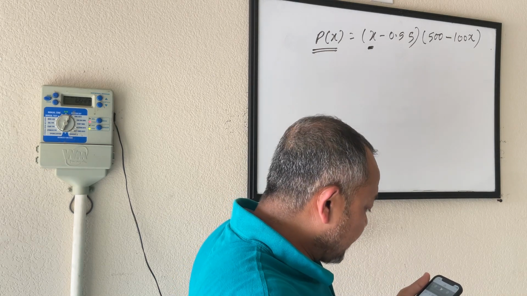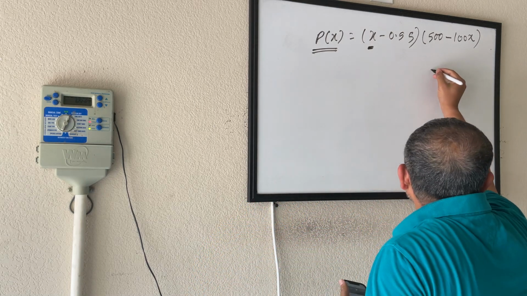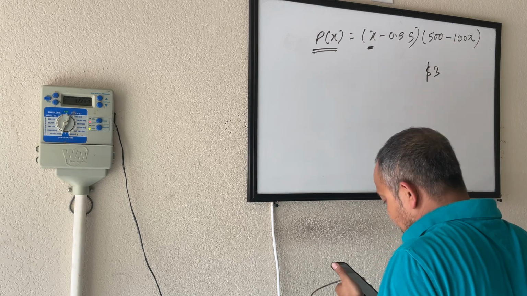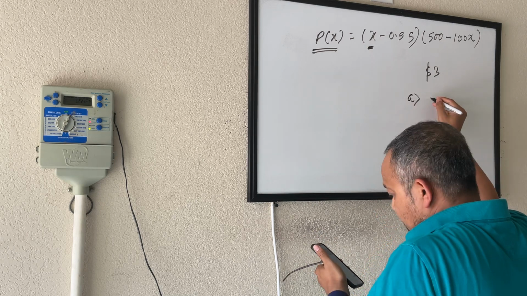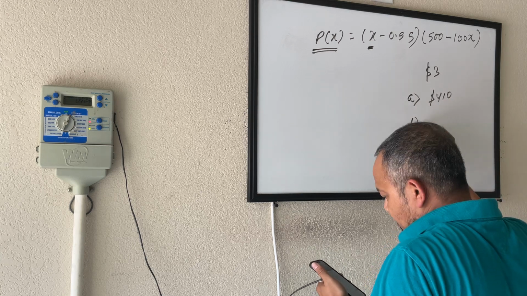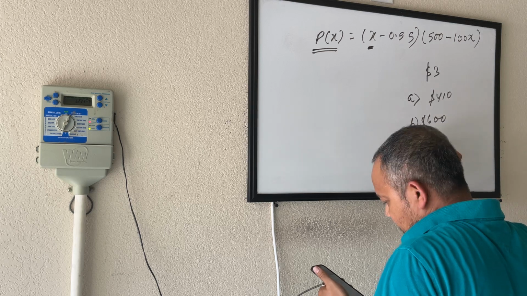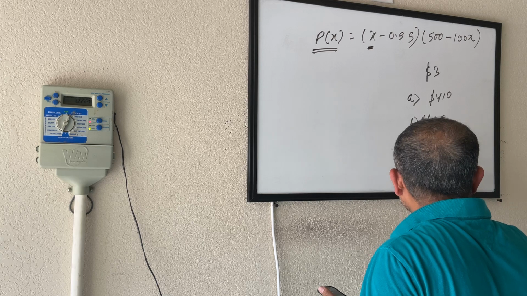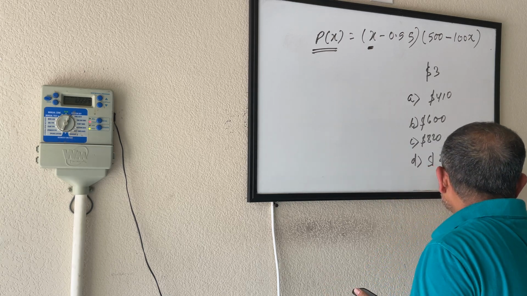What is the daily profit if the tacos are sold at $3 each? And the options you have are $410, $600, $820, and $2460.